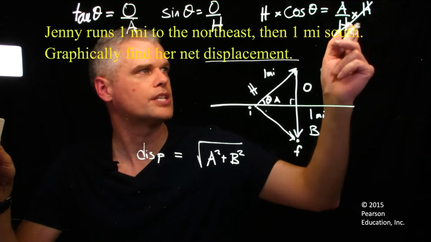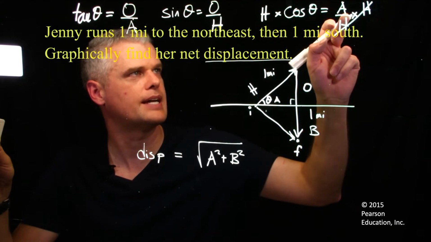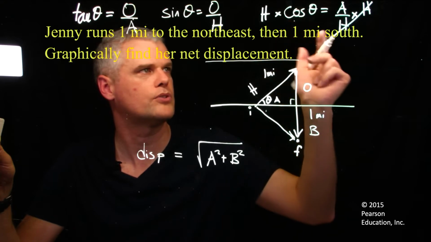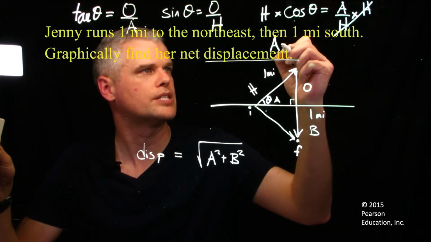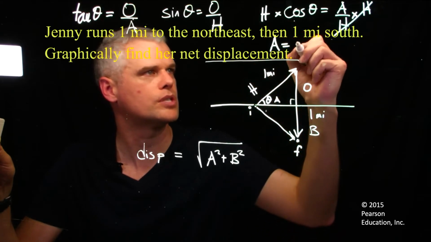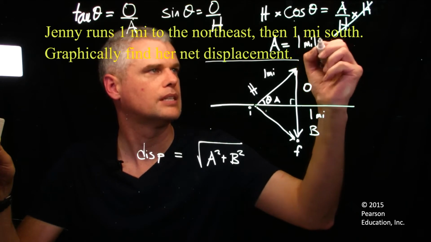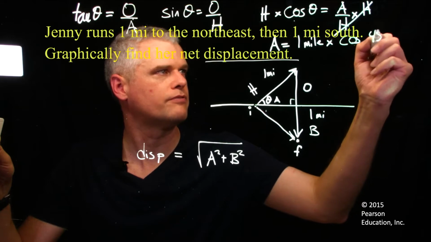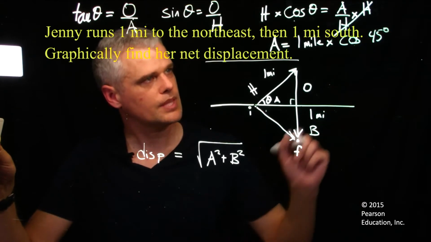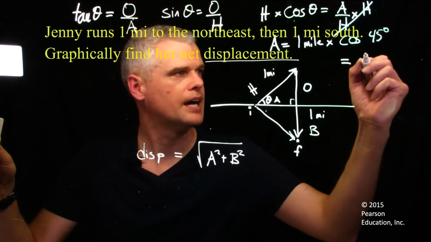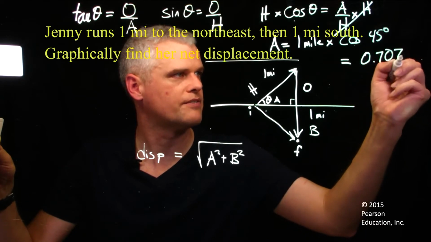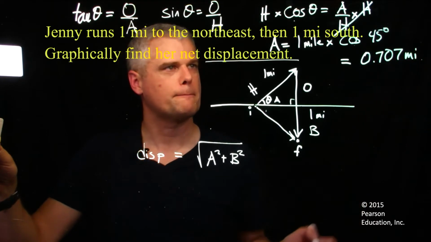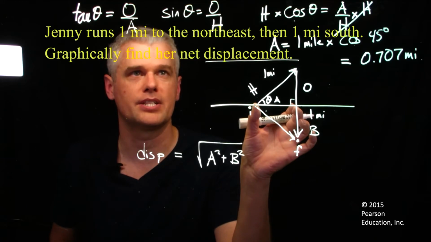So these h's cancel, and the adjacent side is equal to the hypotenuse times the cosine of theta. In other words, the adjacent side is equal to the hypotenuse, 1 mile, times the cosine of 45 degrees. And when I multiply that out, I get 0.707 miles. So that is the length of this adjacent side.